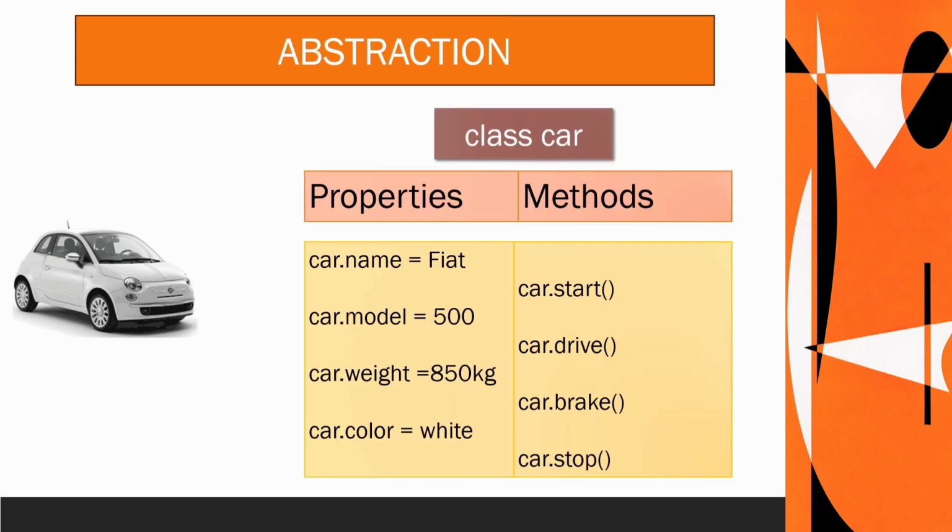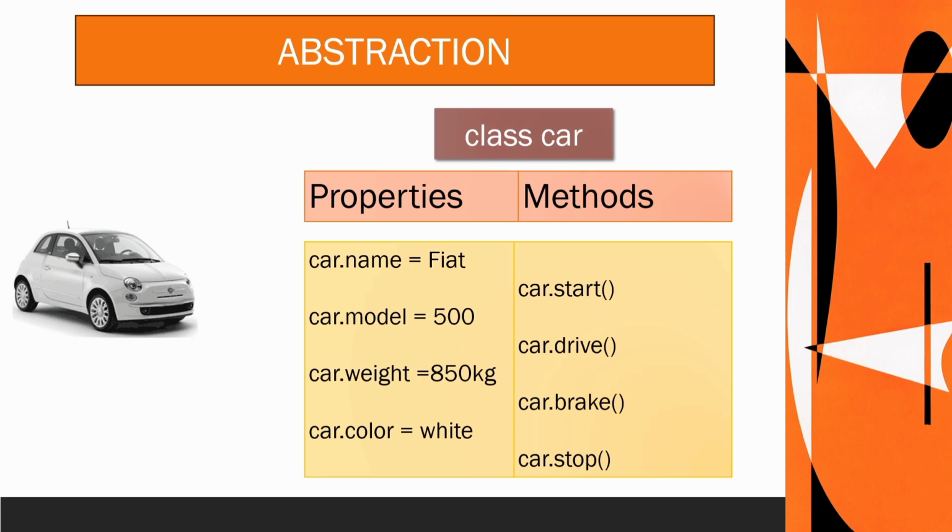The next concept is abstraction. If you are creating a class for car, the properties and methods are in the class. When I declare these properties as public, I can access these properties outside the class. When I create an object for a Hyundai car, I can access these properties. When I use these properties as private, I cannot access these properties outside the class.